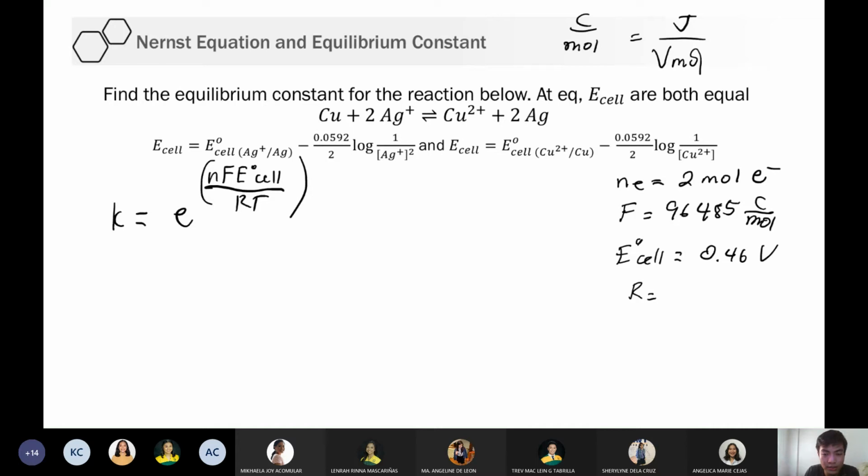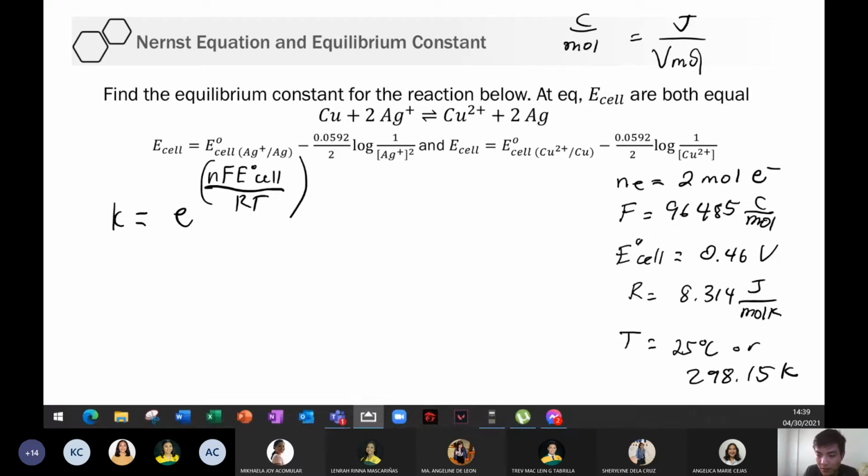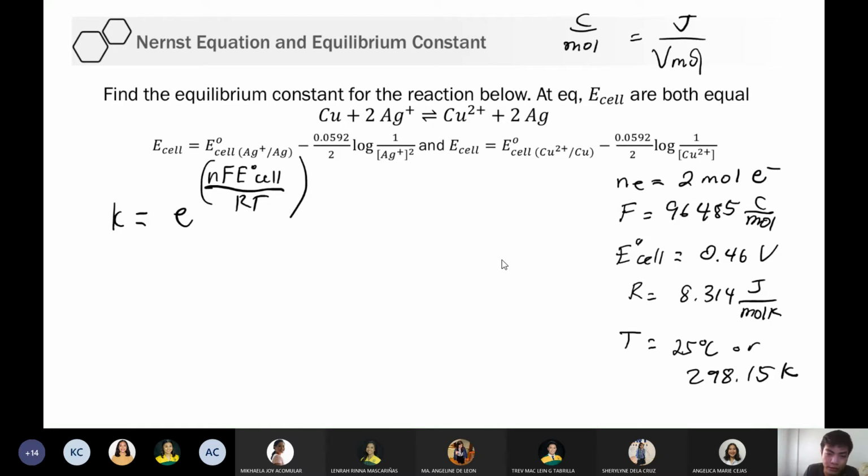R is the gas constant in energy. So that's 8.314 joule per mole Kelvin. Then T, pag hindi sinabi, 25 degrees Celsius yan, or 298.15 Kelvin. Pag hindi sinabi, automatic 25 yan, ha? So, ganun.